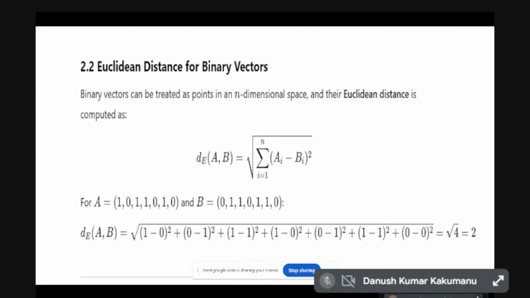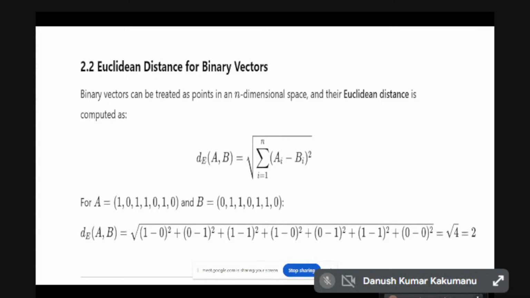Now, the second one, Euclidean distance for binary vectors. The Euclidean distance is the same as before, with x1 minus x2, y1 minus y2, because those were natural numbers.